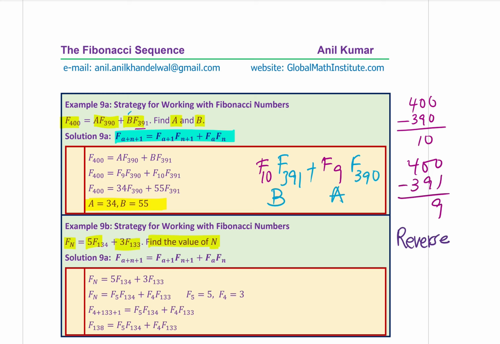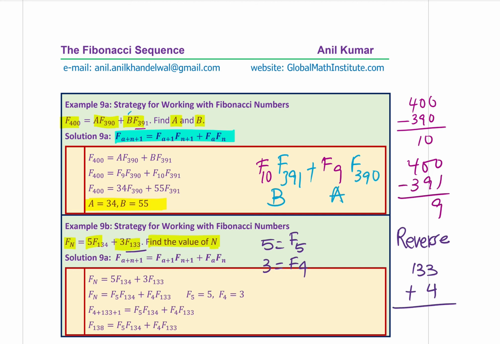So you can again utilize the same knowledge. You know what is 5, right? So 5 is F of 5, as I think you remember, and 3 is what? 3 is F of 4, correct? So we know that these numbers are 4 and 5, correct? And therefore 133, so we have 133 plus 4, right? So plus 4 plus 5 will give us the answer, correct? So 133 plus 4 you could do, right?